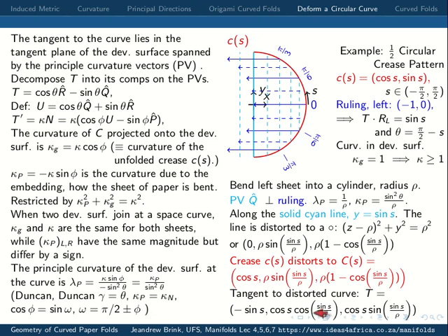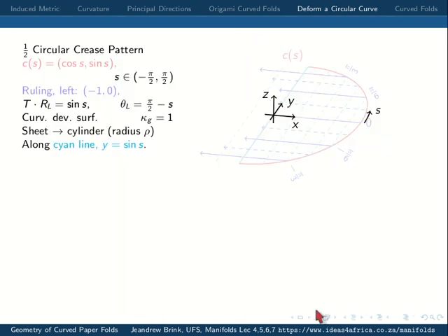We can work out the tangent by differentiating it. We can work out the curvature, we can work out the binormal vector. We're going to do all that because our conditions for matching over the crease depend on the crease's geometry itself. So let's have a look and see over here.